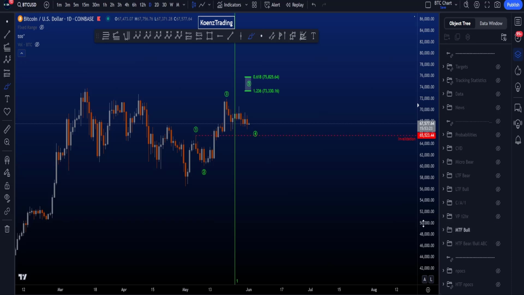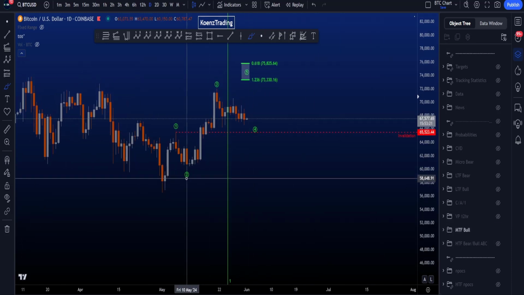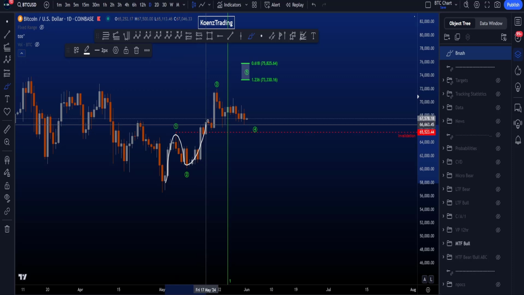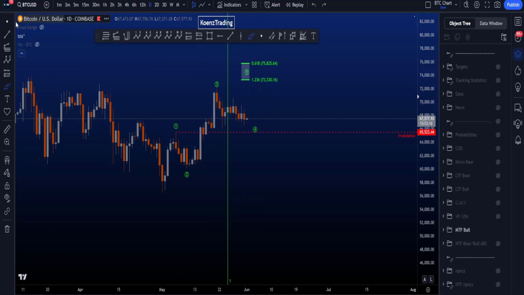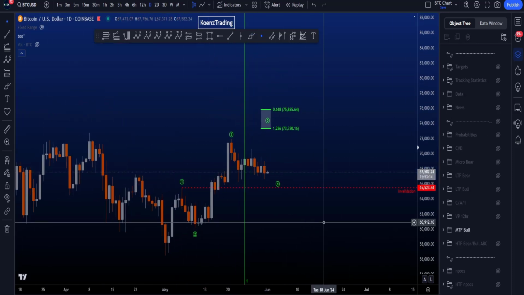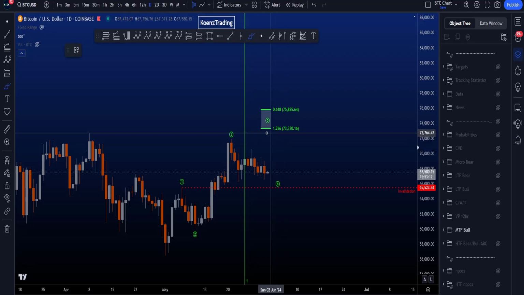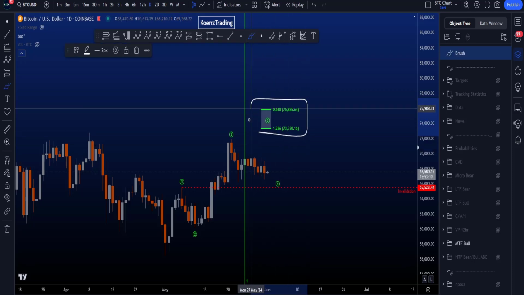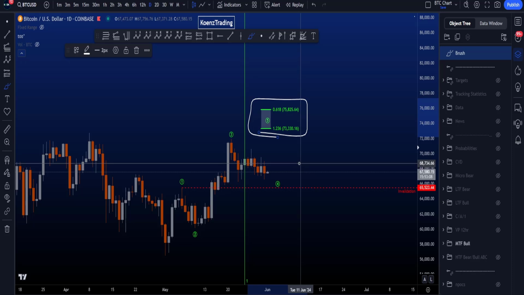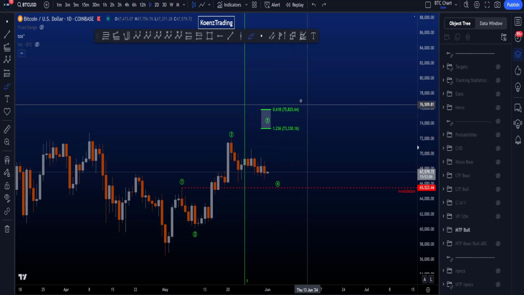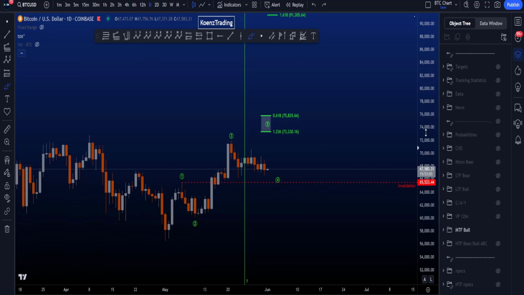The bullish scenario is an impulsive structure to the upside, counting a wave 1, 2, 3, 4 and one more leg towards the upside in a wave 5. The common target area for your wave 5 is between the 1.236 and the 0.618 on my chart, 73.3k, 75.8k.